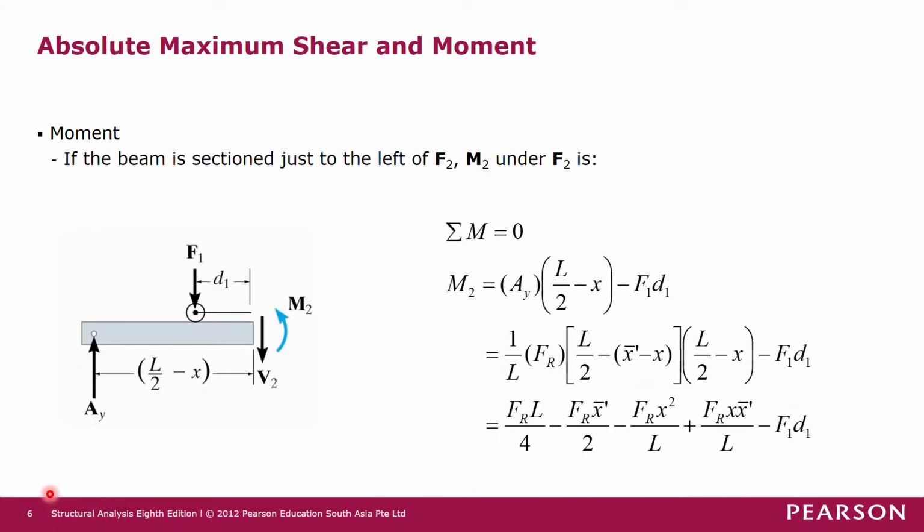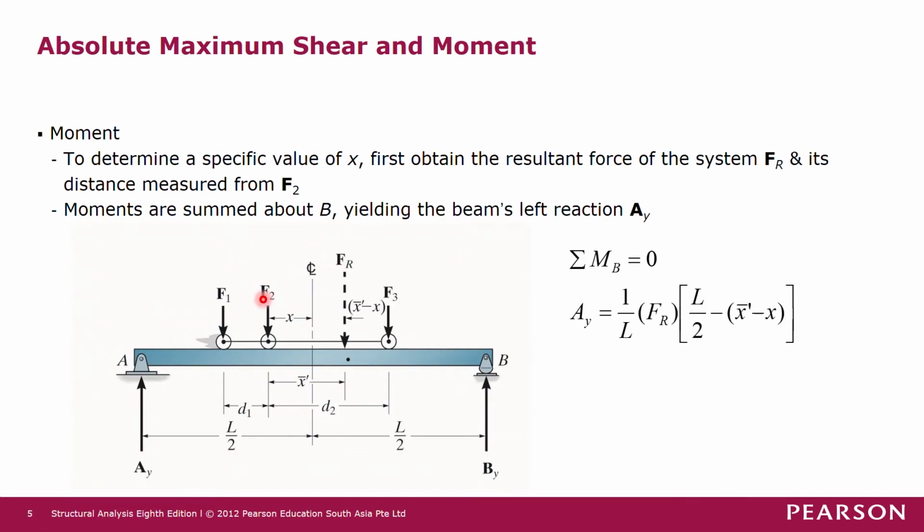Once we have solved AY, we can cut across the section at the force F2, because we assume that we have the maximum moment at F2. Just now we said that we assume the absolute maximum moment occurs under F2.